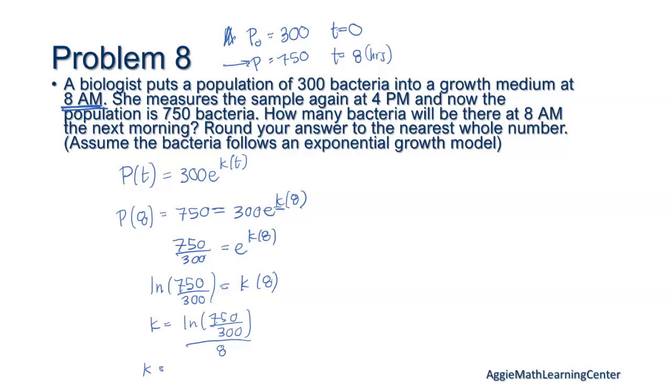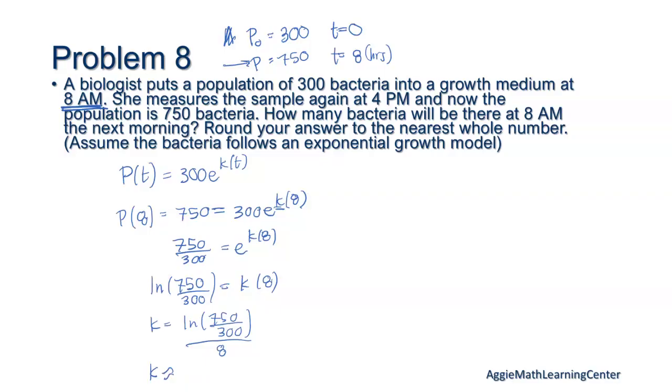And if I need a lot of accuracy, I often don't even bother evaluating this until I'm plugging it in later. We can do that a couple different ways. I'll show you the next step and then it'll be clearer what I mean. If you wanted to, you could do a decimal approximation right here, but you don't need to.